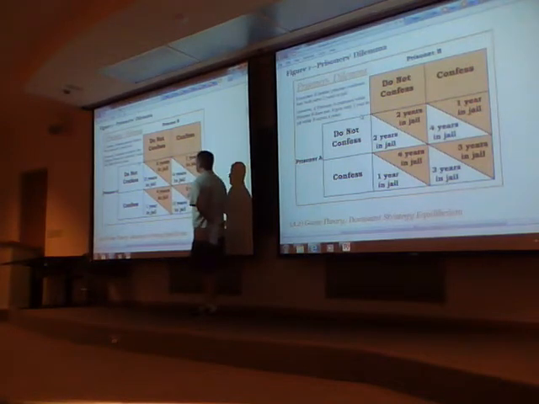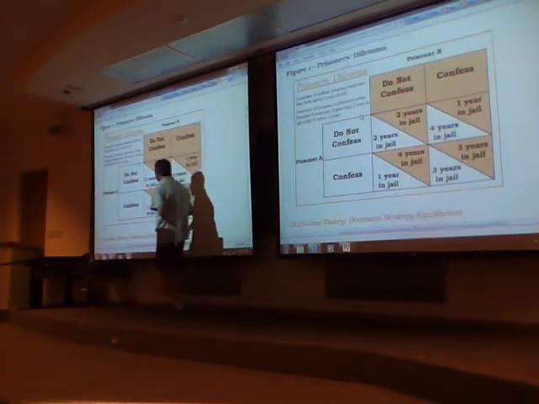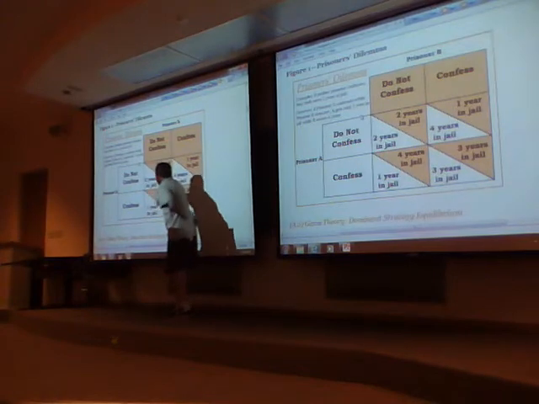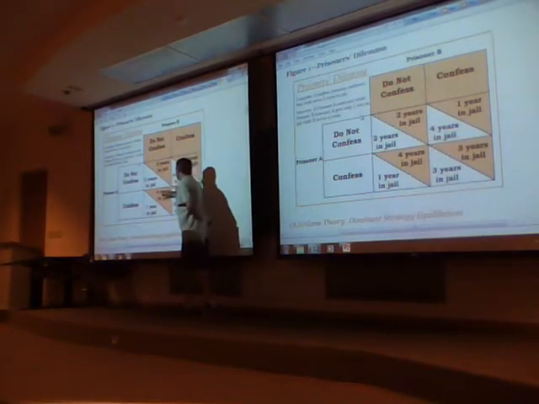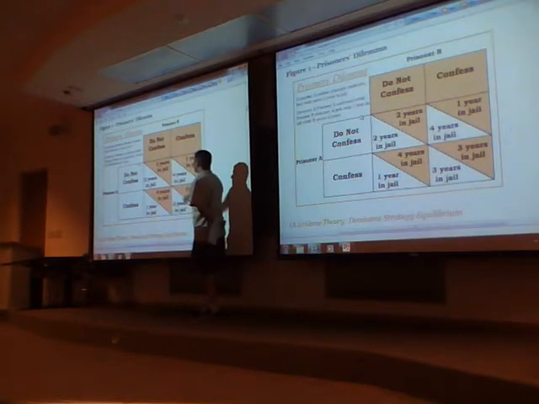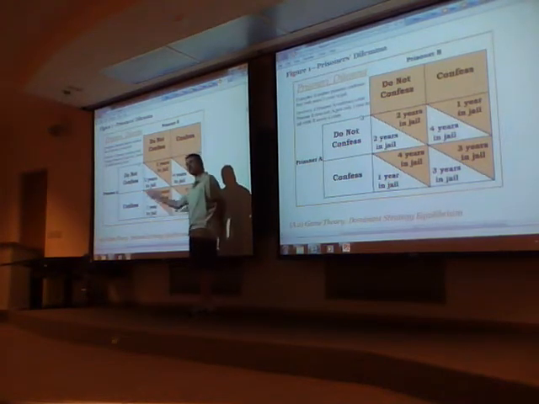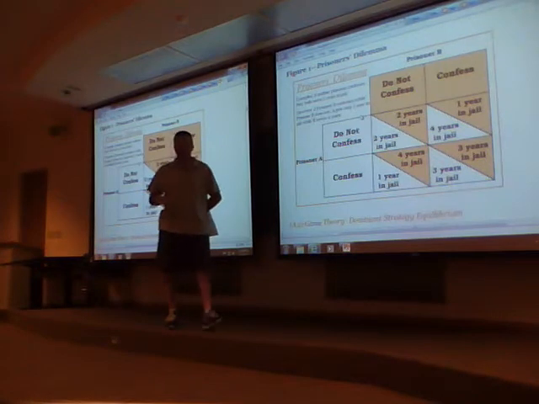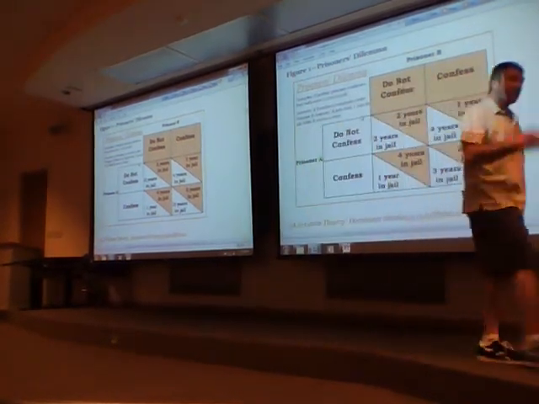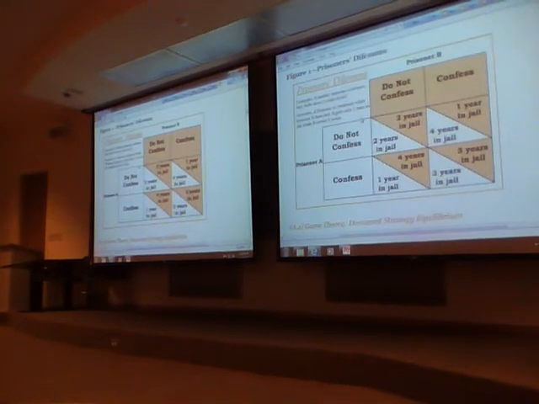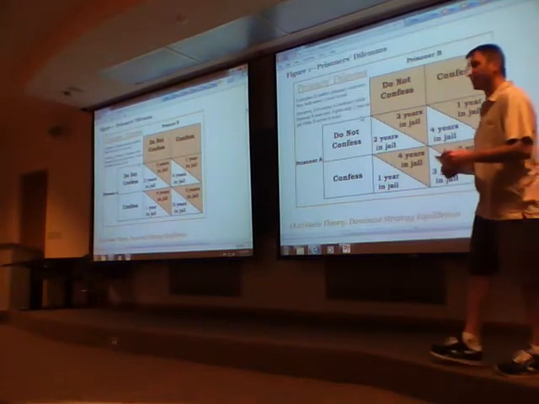Prisoner B would want to confess. If prisoner A we knew was going to confess, prisoner B would rather have 3 years in prison than 4 years. So again, he'd rather confess. No matter what prisoner A does, prisoner B is better off confessing. So both have dominant strategies, and if they're thinking, using the same rationale we've been using, then we would conclude that they're going to confess.